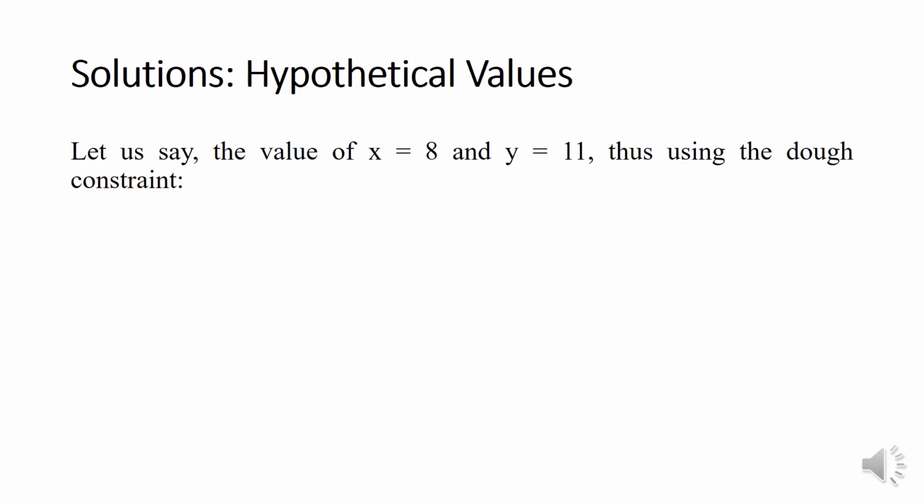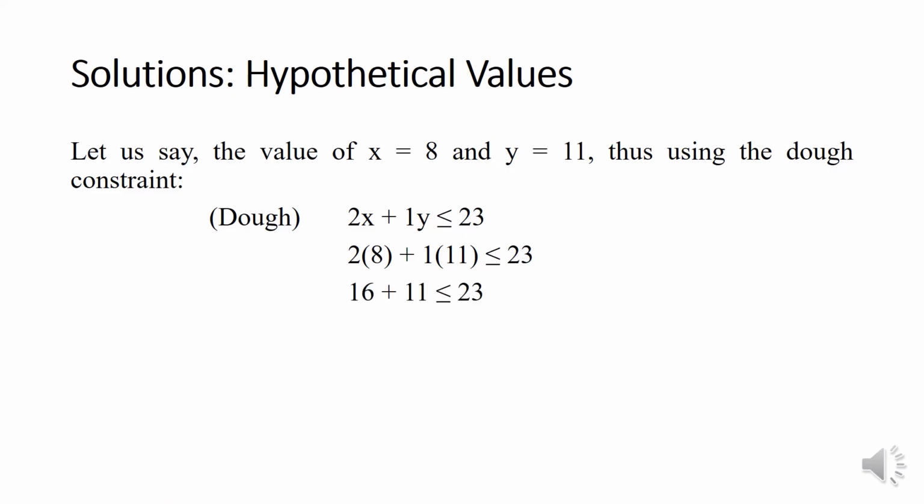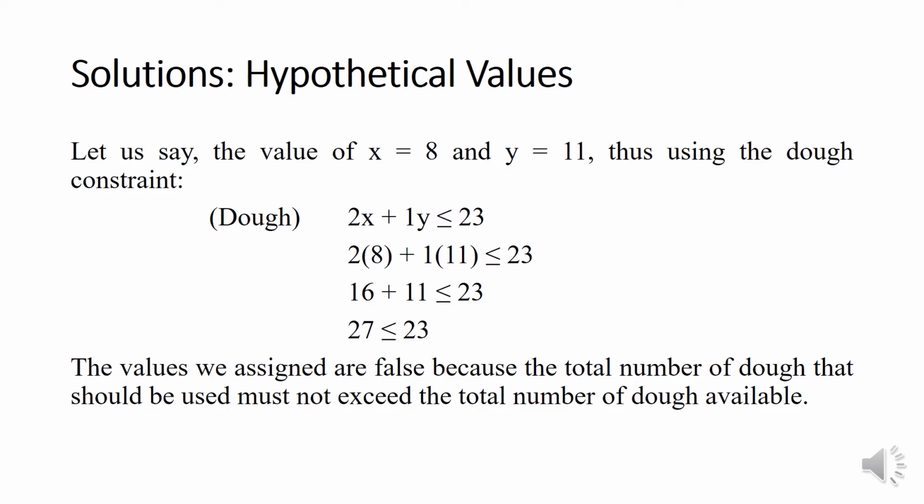So let's assume again that the value of x is 8 and the value of y is 11, meaning we will produce 8 pizzas and 11 burgers. Using the dough constraint, 2x plus 1y is less than or equal to 23. So we have 2 times 8 plus 1 times 11, which is 27, and that is not correct.